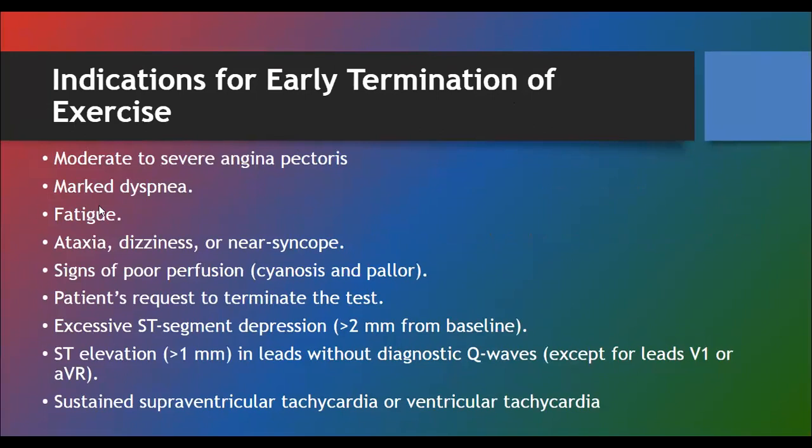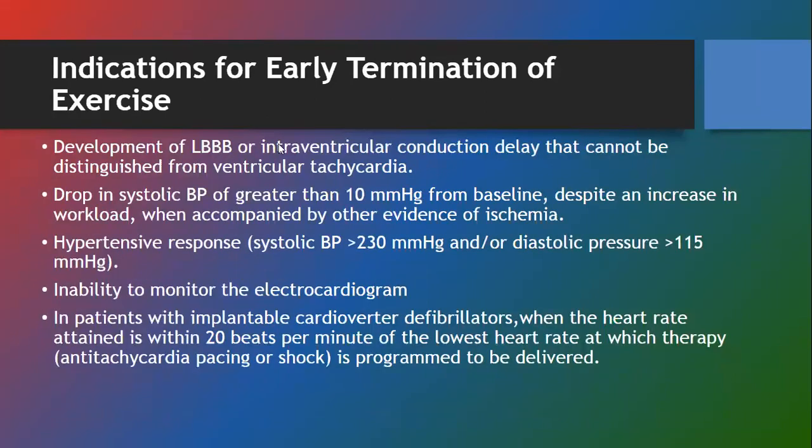The patient is having severe angina, dyspnea, fatigue, becomes ataxic while exercising, developing signs of poor perfusion, patient request, excessive ST depression or ST elevation on ECG, arrhythmias, development of LBBB or IVCD that cannot be distinguished from ventricular tachycardia at a higher rate, drop of systolic blood pressure that again indicates high risk ischemia, hypertensive response of systolic more than 230, inability to monitor the ECG.